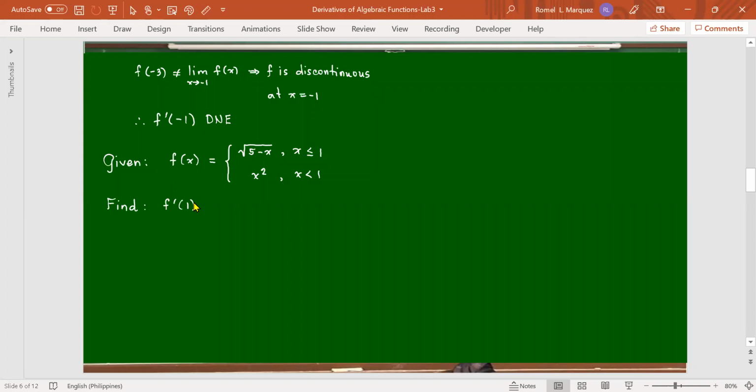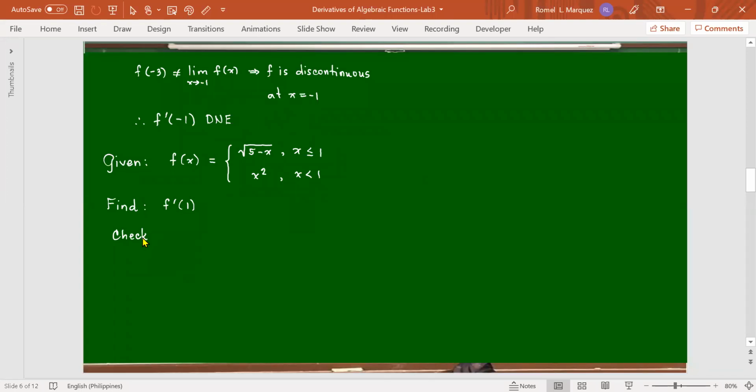What are those options to determine the existence of f prime of 1? You can check continuity first.